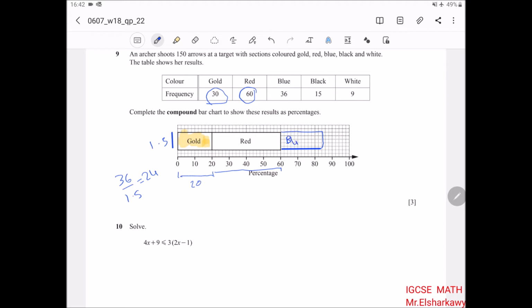Don't forget to mark it blue. The black frequency is 15, so 15 over 1.5 is 10. So this would be from 84 till 94. This is black. And then the white is 9. 9 over 1.5 is 6, so this is the remaining 6. This is white.